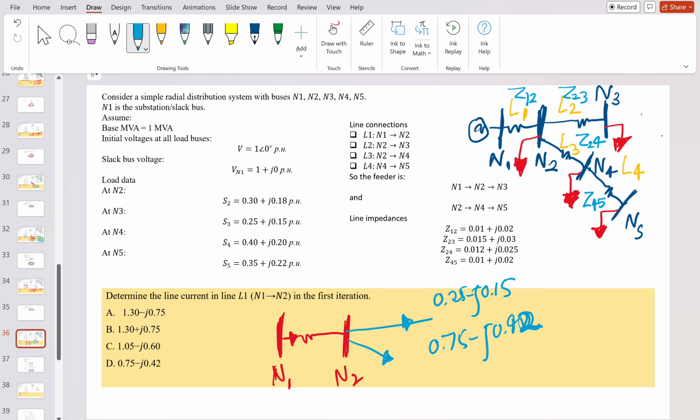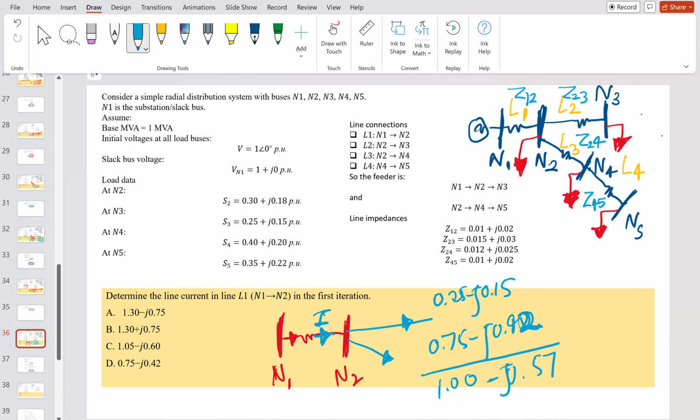Let's see what will be the current which flows from here. Simple case here, you will add both. So what it will come out to be, 1.00 minus j 0.57. Okay, it is not matching.